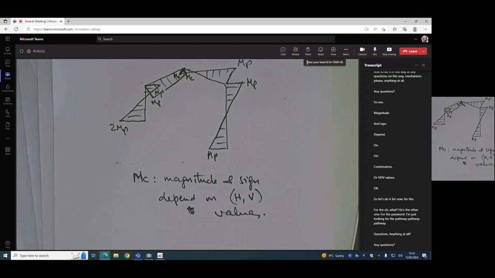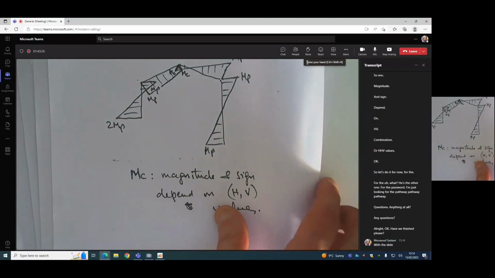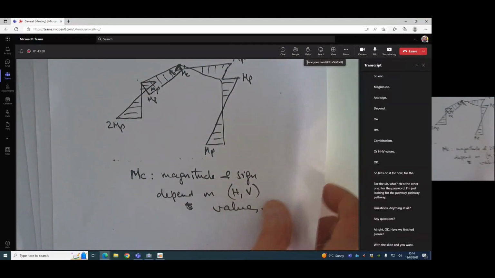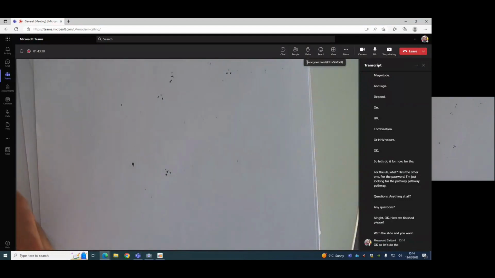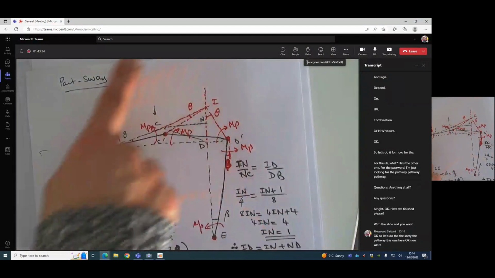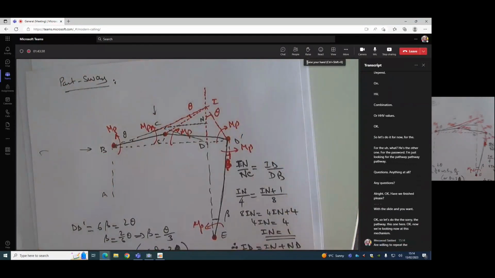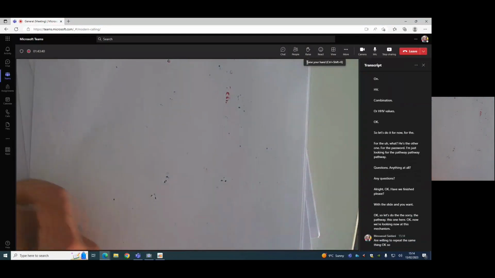All right. Okay. Have we finished, please, with this slide? Anyone? Okay. So let's do the part sway. This one here. Now we're looking at this mechanism, and we're going to repeat the same thing.